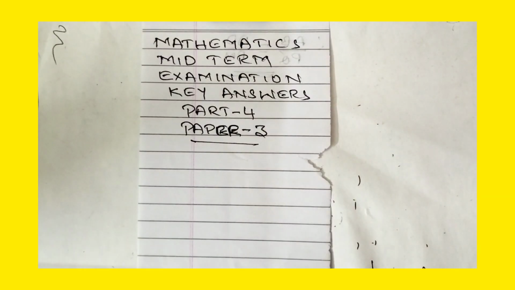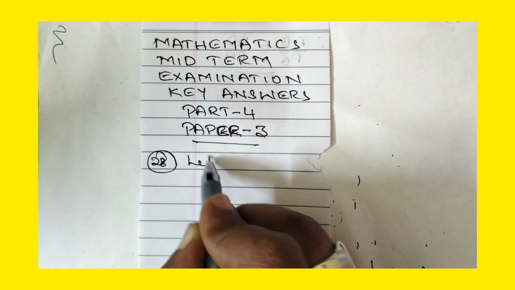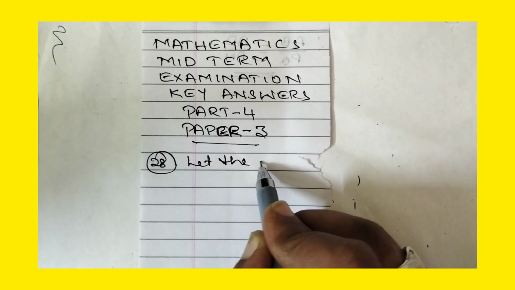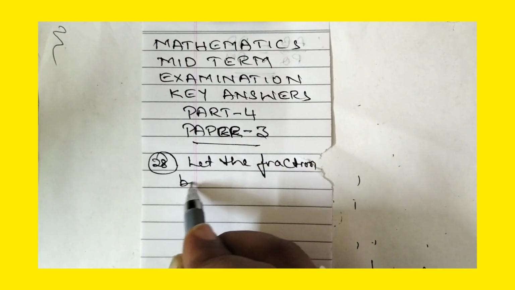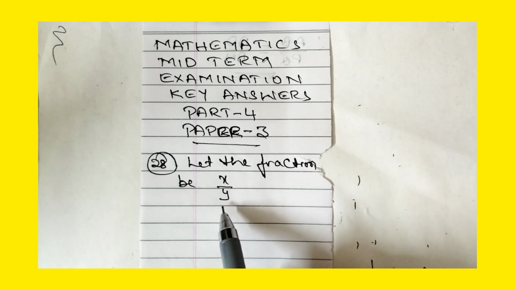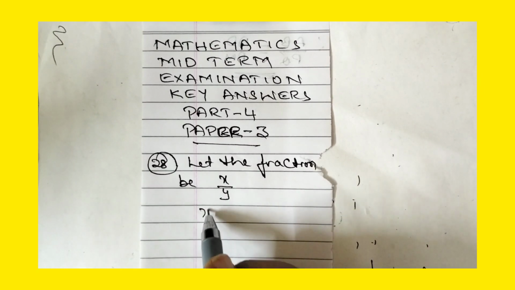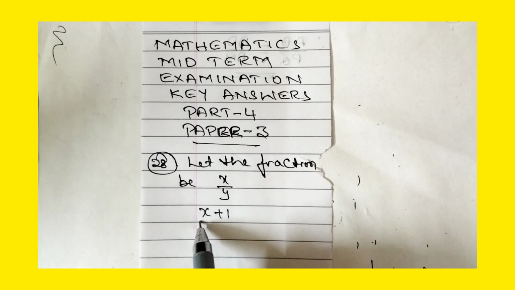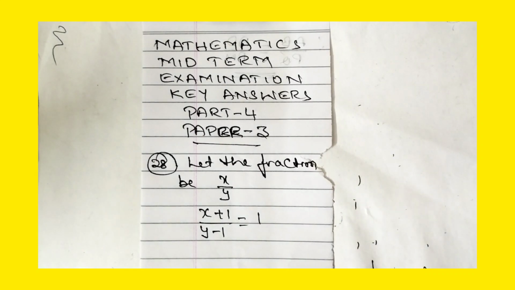Now for the 28th question, let the fraction be x by y, that is, numerator is x and denominator is y. According to the condition, if 1 is added to the numerator it becomes x plus 1, and 1 is subtracted from the denominator it becomes y minus 1, which is equal to 1.